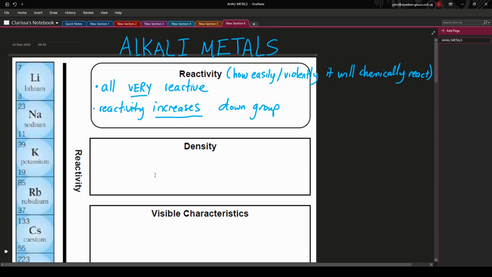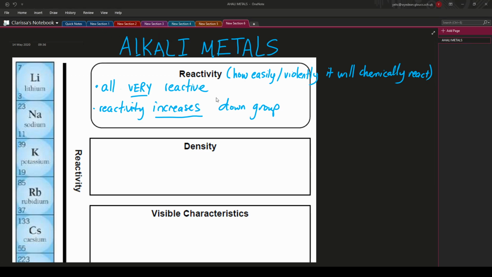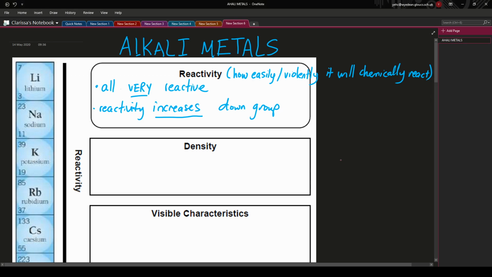So we have the reactivity going down the group, it increases down the group, and now I'm going to talk about why. If you remember, we discussed the electronic structure yesterday of our first 20 elements.